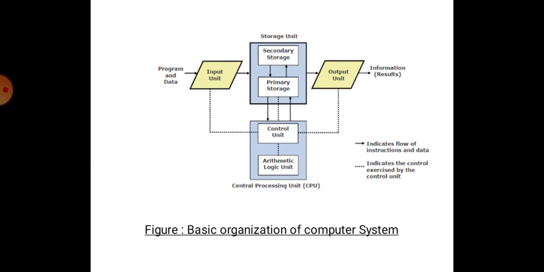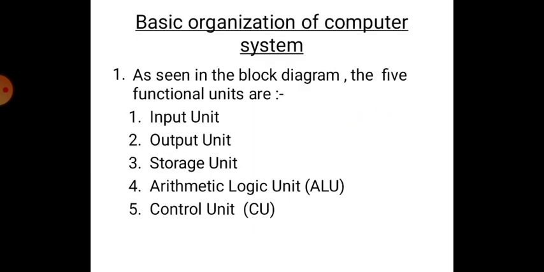And then afterwards the results are passed on from the storage unit to the output unit. Whatever output we get, we call it information or results. Now we'll see in detail what are the functions of the basic 5 units.